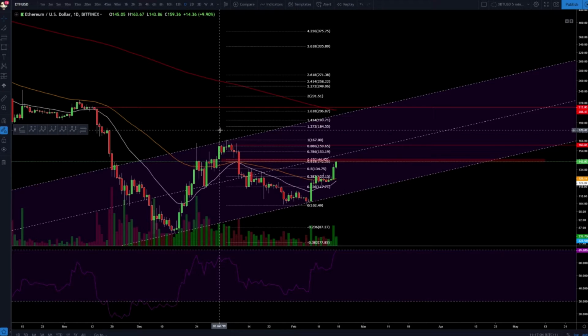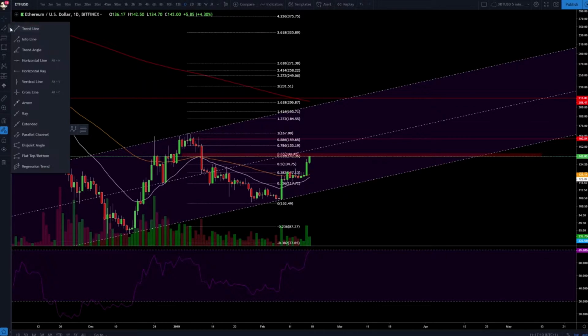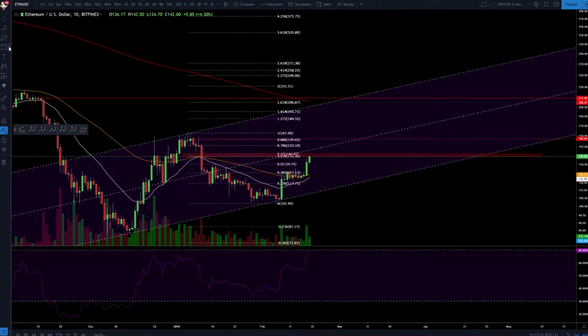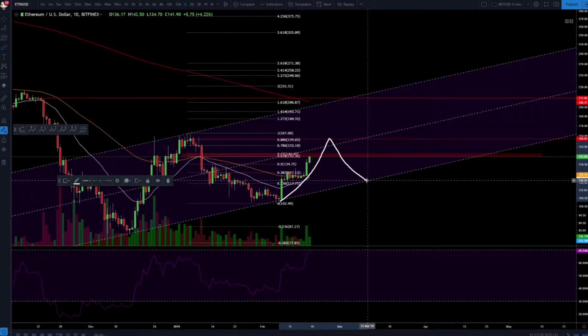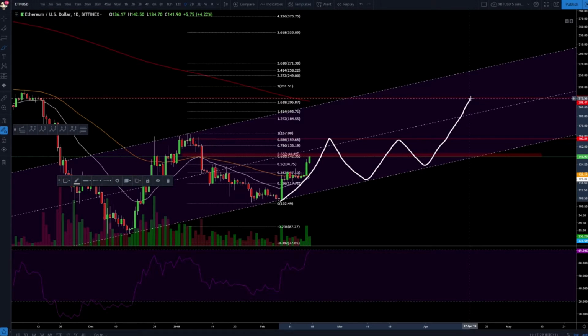What it could do as well, that we need to keep in mind, is let's get the brush here. It goes up there, goes up here, then goes down here again, then up there, and down here, basically until it breaks out.